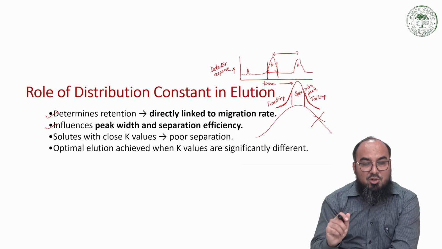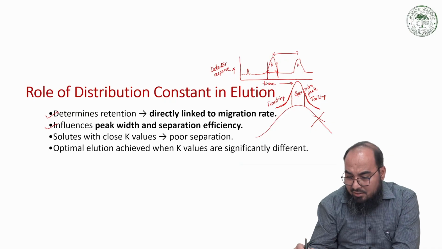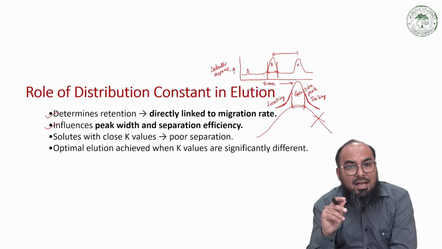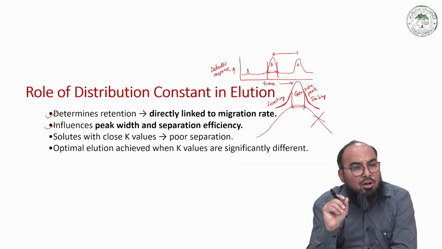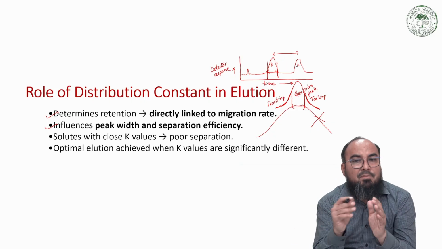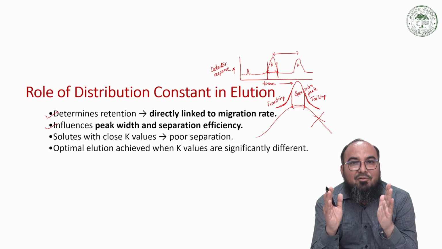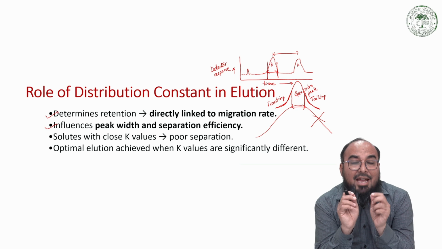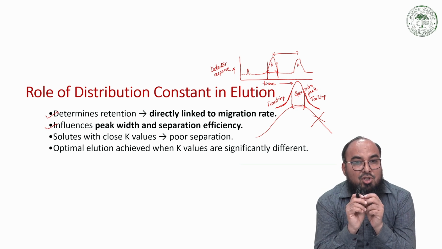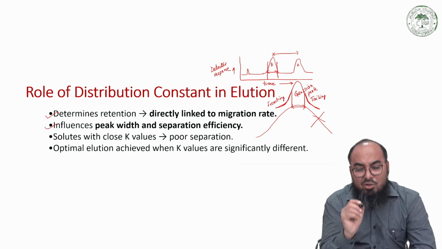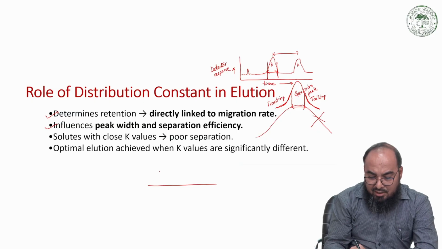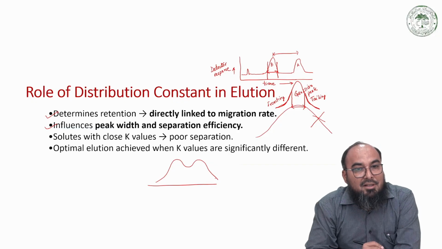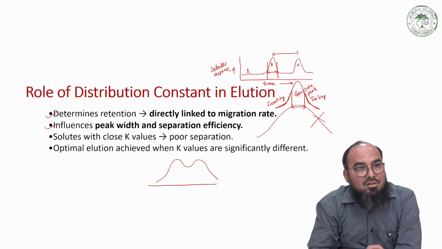So this KD value influences the peak width, and it also influences the separation efficiency, because a good separation means that the peaks must be as far from each other as possible within a given time. That is, you have to take time also into account. So solutes with close K values, for example, if you get a separation like this, then the values are too close.